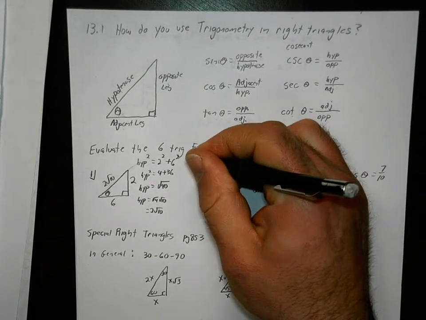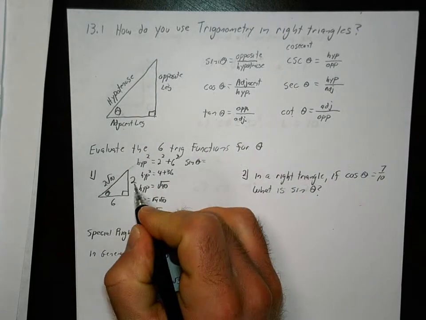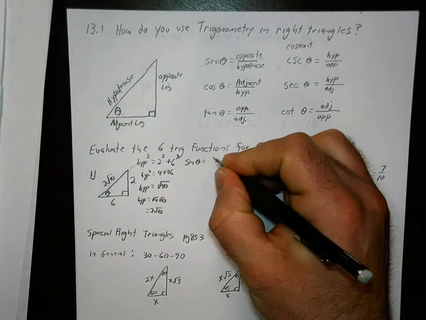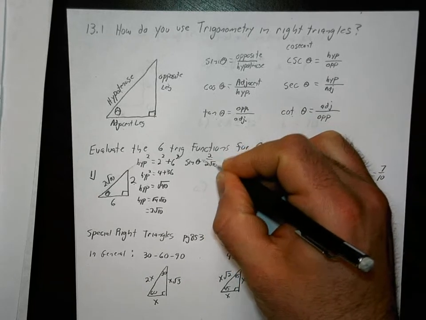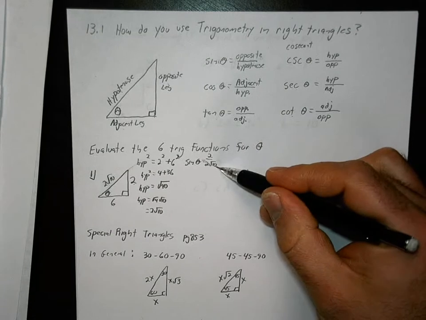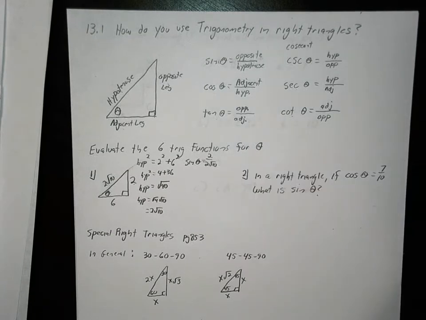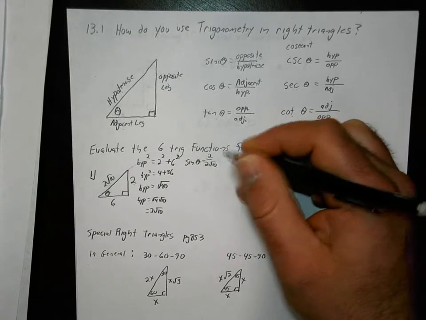Okay, so let's start with sine. Sine is opposite over hypotenuse, so it's going to be 2 over 2 square root of 10. Okay, now what don't we like about this? We don't like square roots in the denominator, so I need to rationalize. So I just multiply top and bottom by the square root of 10.